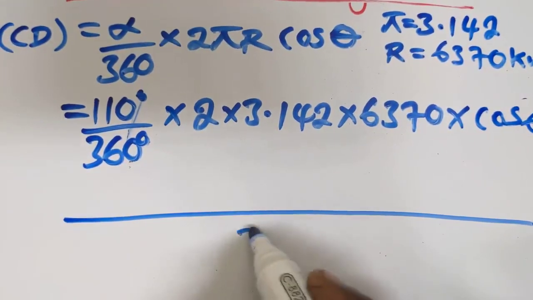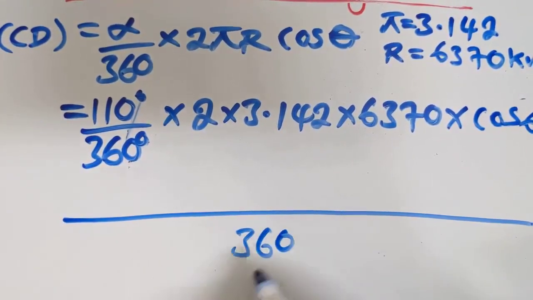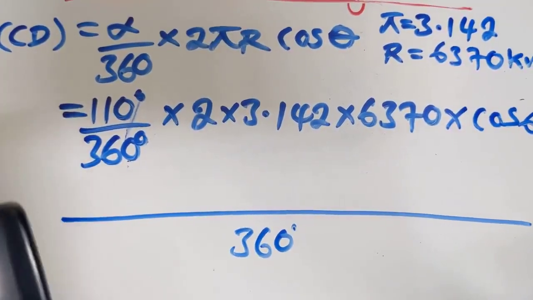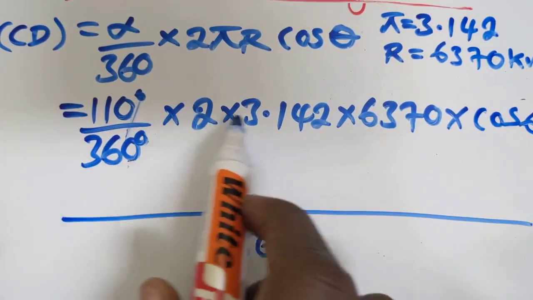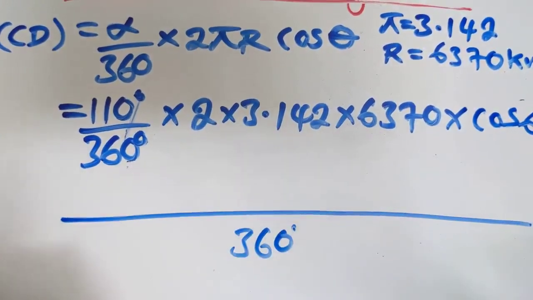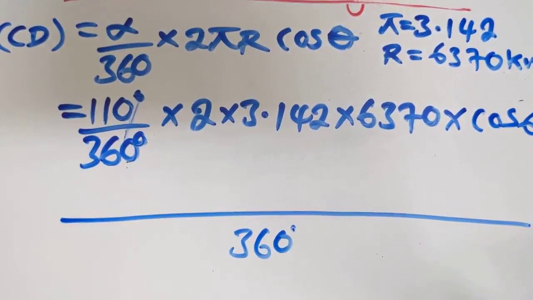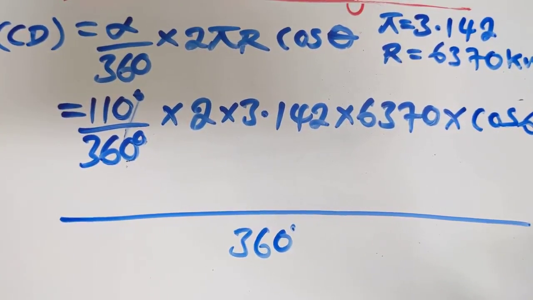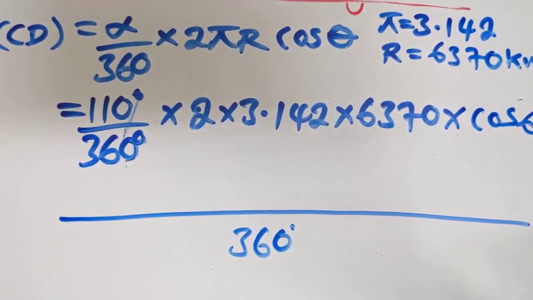So we have 360 degrees right there. Then you just punch 110 times 2 times 3.142 times 6370 times cos 60.